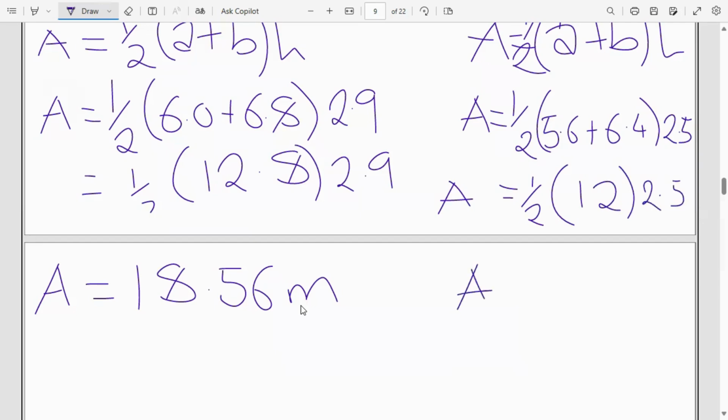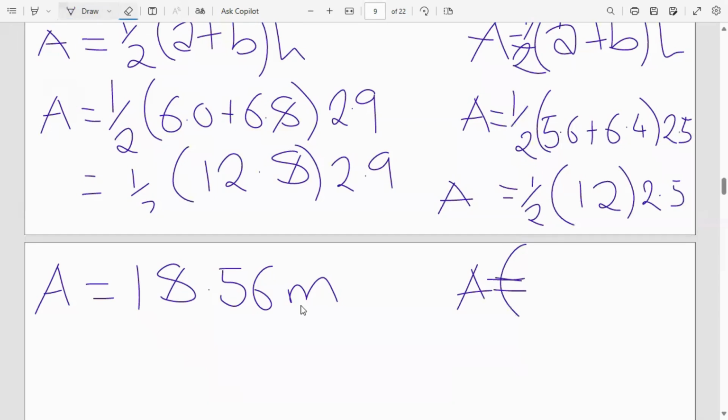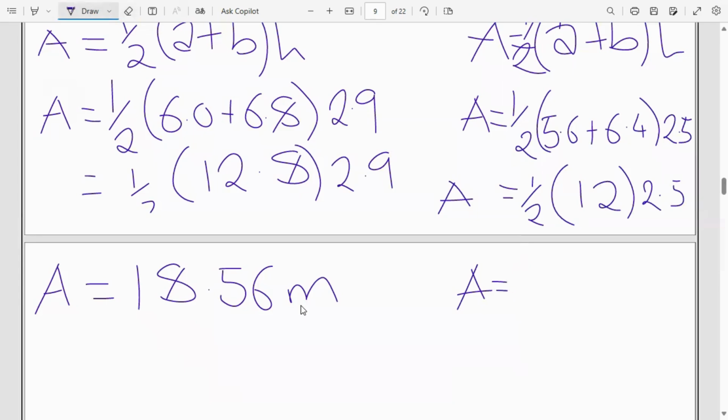So the area under the graph for the mouse is going to be equal to 15 meters. So from the time the cat started running up to 6.8 seconds, the cat had traveled 18.56 meters, whilst the mouse only traveled 15 meters.